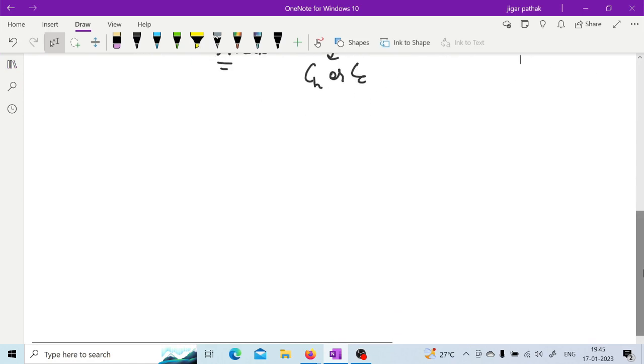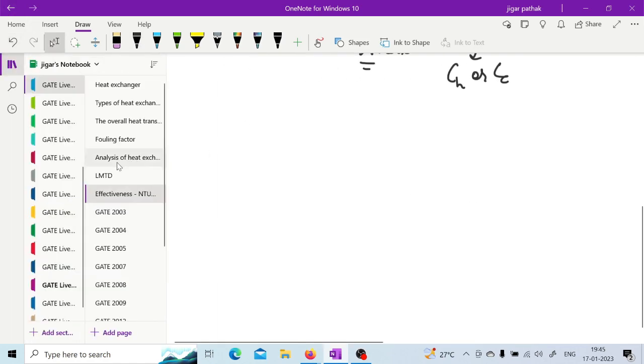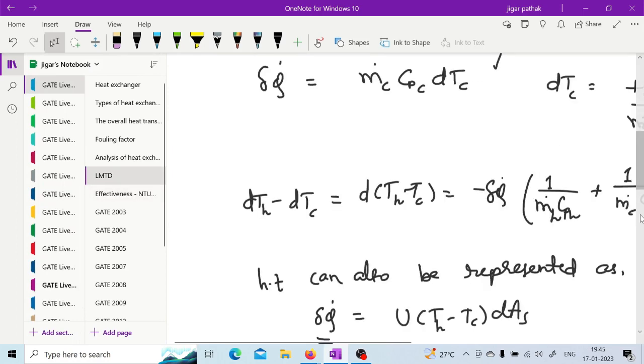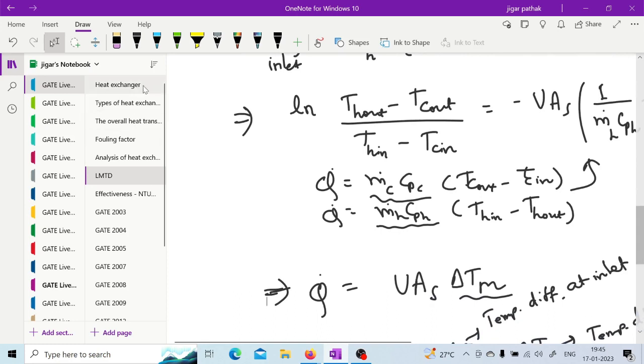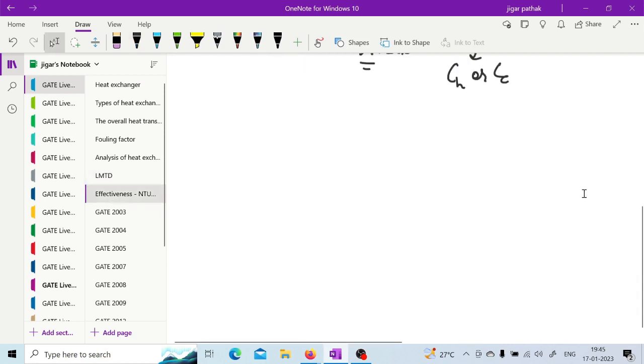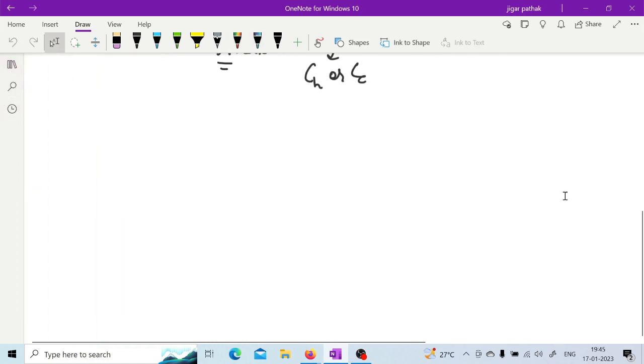But before that, we will go to the equation which we have derived in the LMTD, this relation. This equation you can simplify to what I am going to write here.